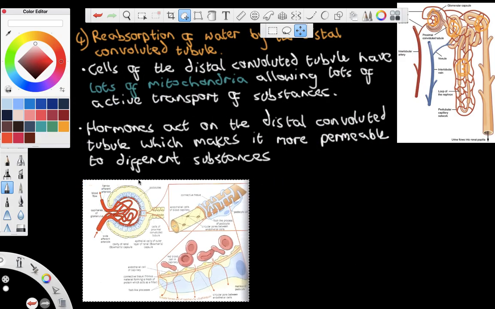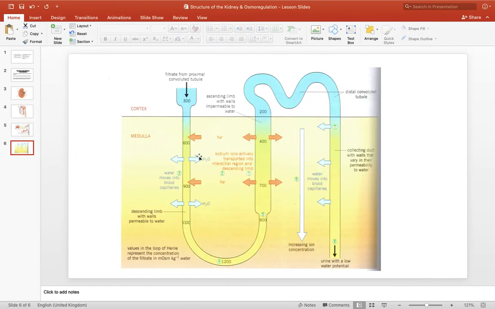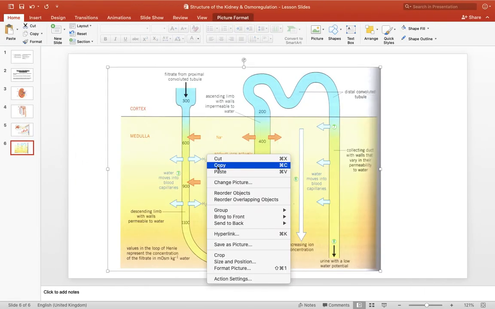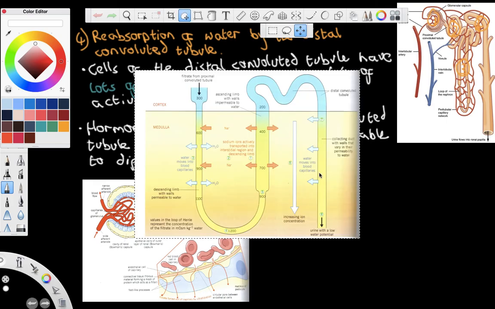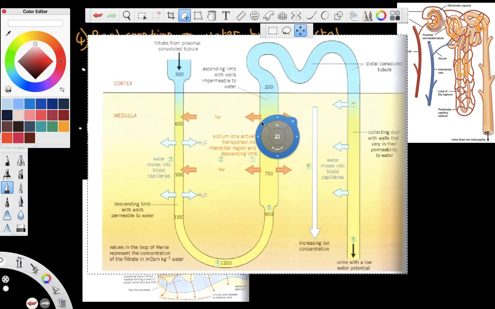And the other diagram we've got looks like this, and this explains how water is moved by this countercurrent system of sodium ions as it moves from the descending limb of the loop of Henle and the ascending limb of the loop of Henle. Okay, we're starting with an arbitrary value of 300 water.